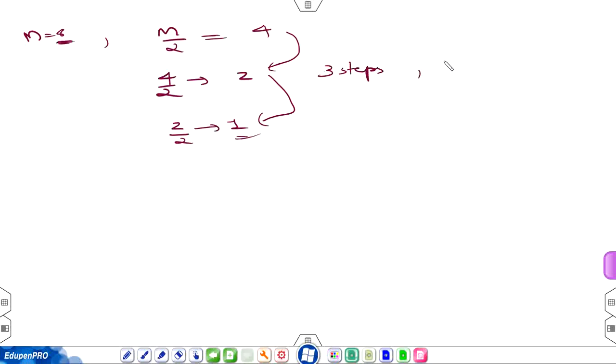And also log 2 of 8 is 3. So if I start dividing m by 2, I can divide it at most by this number of steps, log 2 of m. Okay, log 2 of m. So for m equal to 8, log 2 of 8, that is 3.